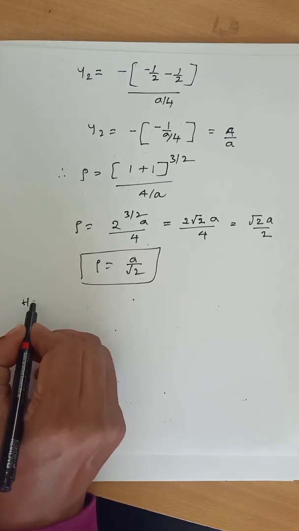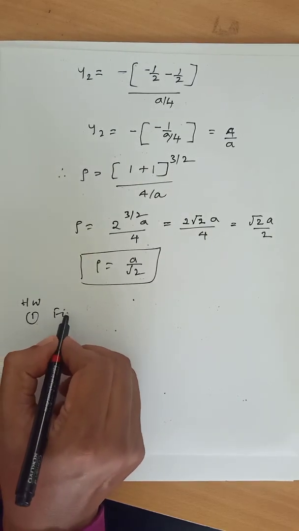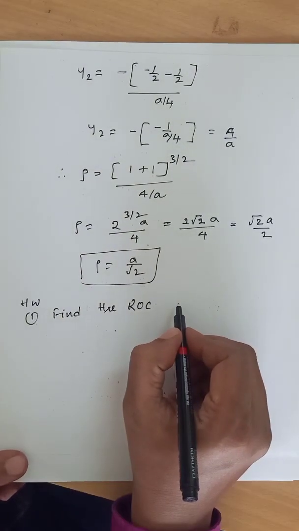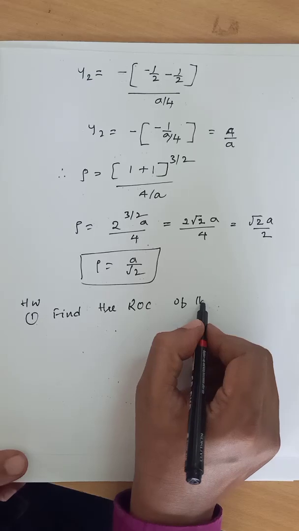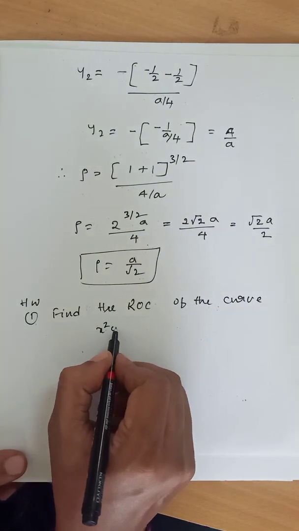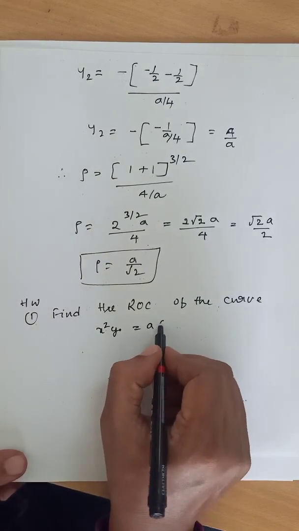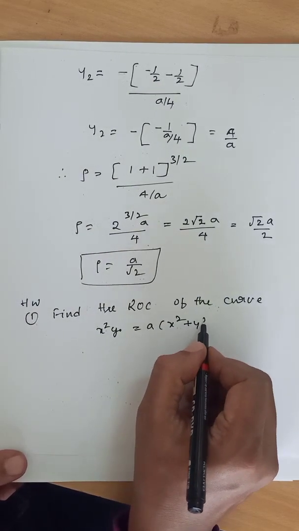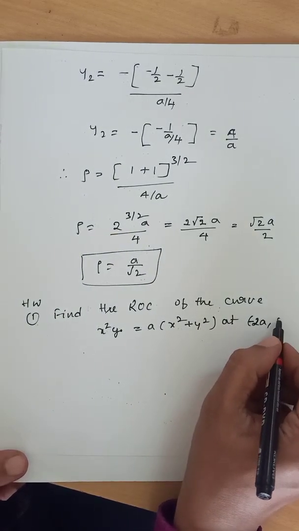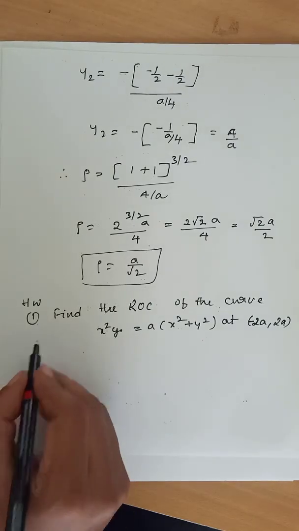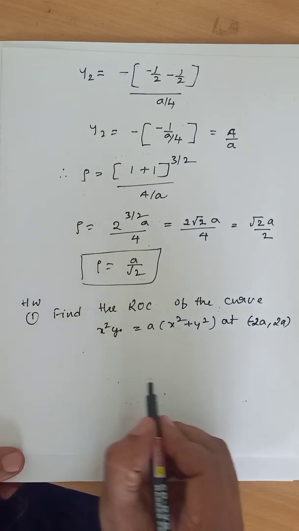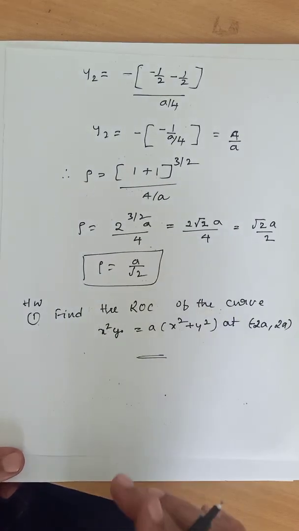Try it at home. Find the radius of curvature of the curve x square y equal to a into x square plus y square at minus 2a comma plus 2a. So this is for homework. Okay, so I will continue in the next class.